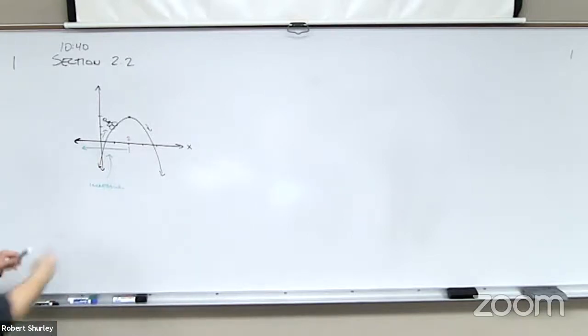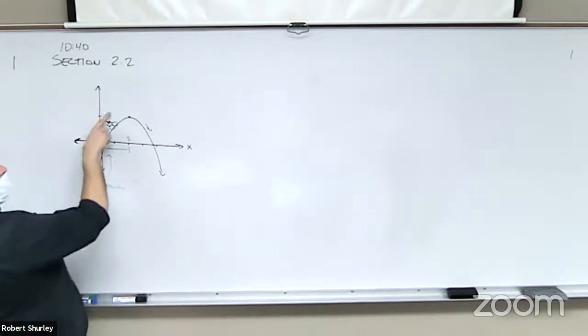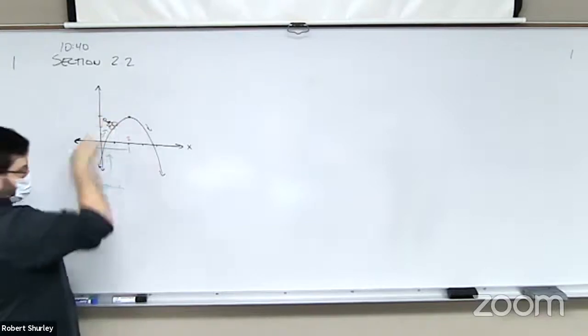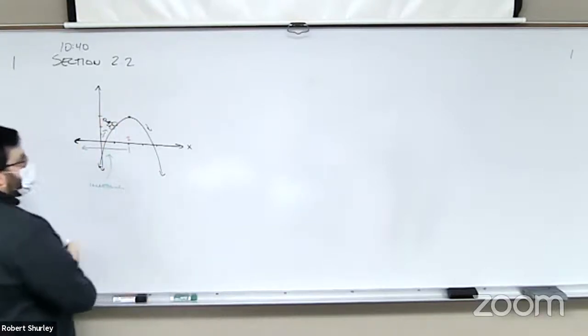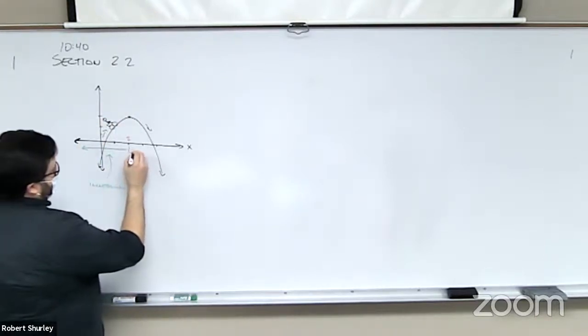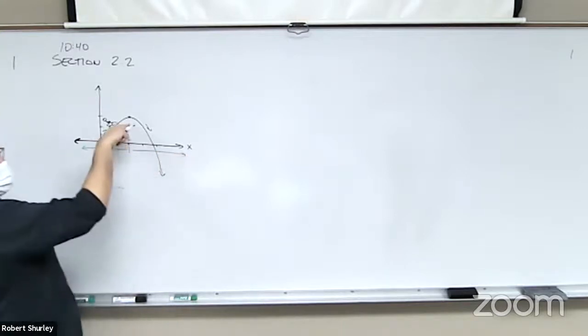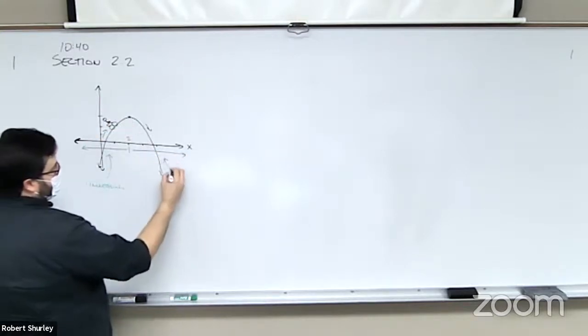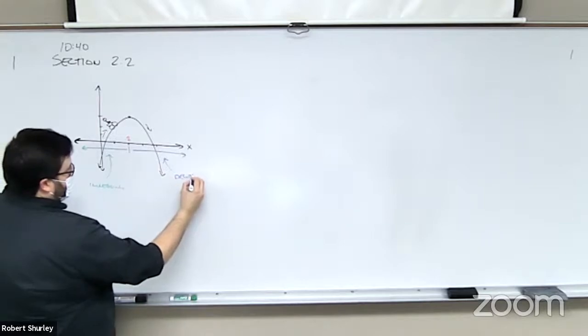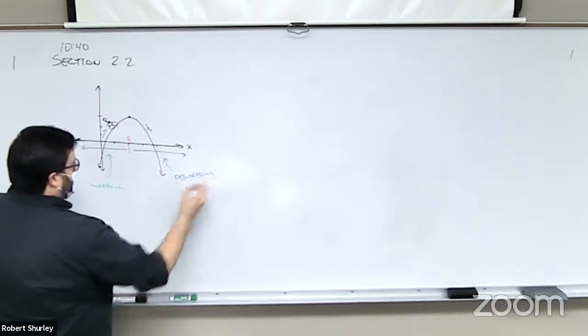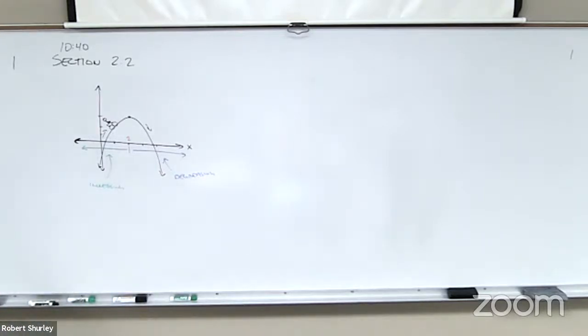Right, we talked about that. So before 2, we're increasing. We're almost to the fun part of the roller coaster, right? And then after 2, you would say we're decreasing forever, right? We're decreasing, right? You guys agree with that?